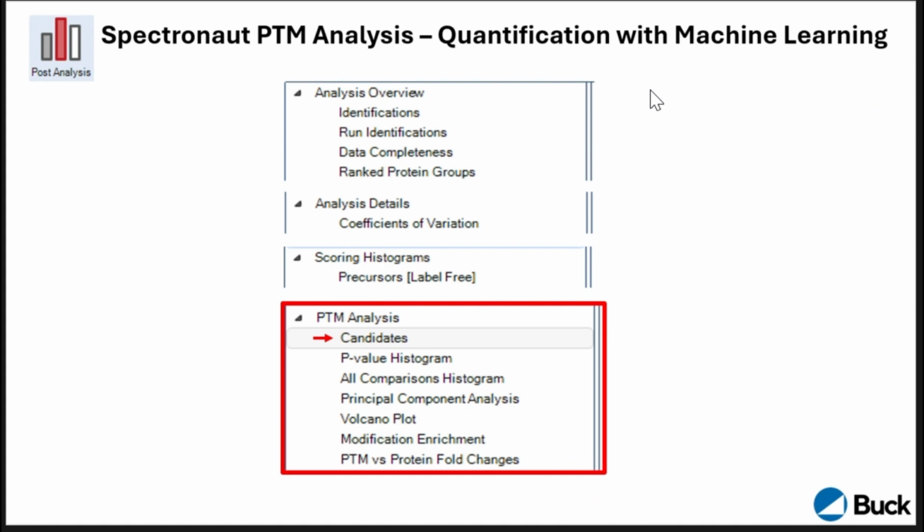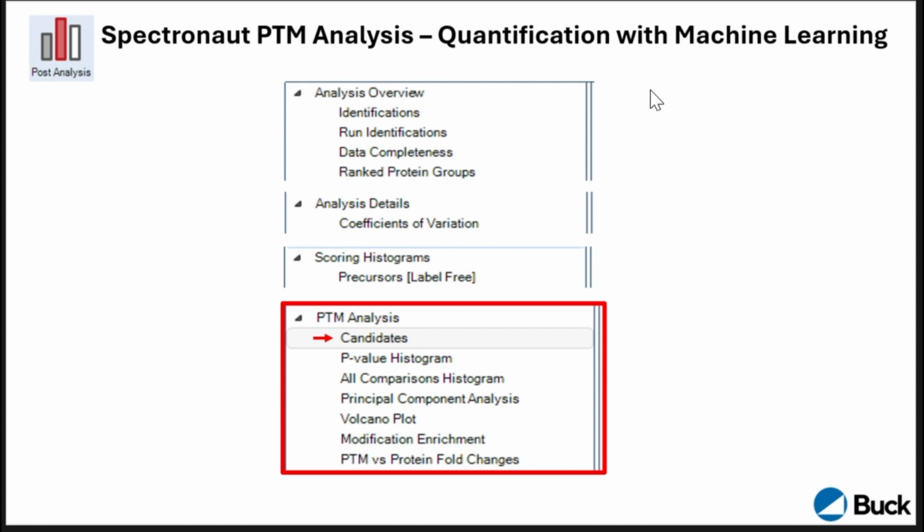So now, after you've done all the searches, you can actually look at the analysis post-acquisition. A lot of machine learning has gone into the PTM analysis, doing the quantification particularly. And what is really beautiful in Spectronaut, in your original search result, you can actually look at candidate files.